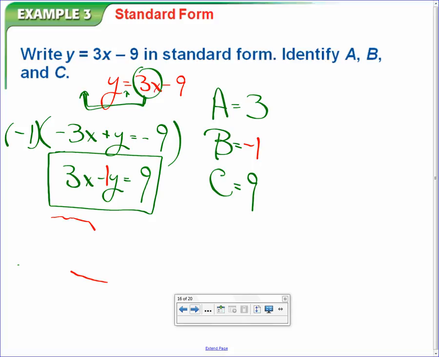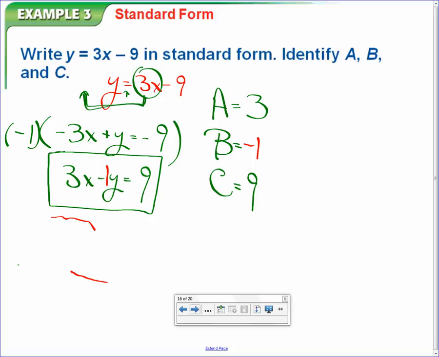Now, I want to go back to your worksheet for a second. Worksheet 2.2. On the top, you've got problems 1 through 4. It says state whether the function is linear. Write yes or no, and then explain. Without an explanation on those 4, there's no credit. Remember, if it is linear, all you've got to do is give me the slope and the y-intercept.